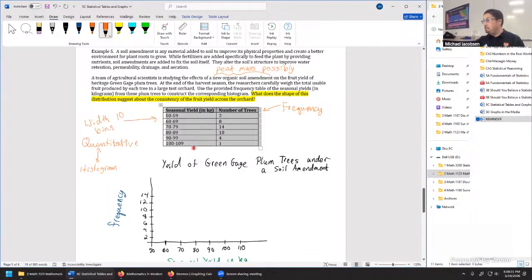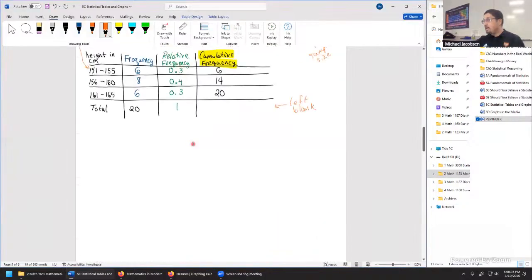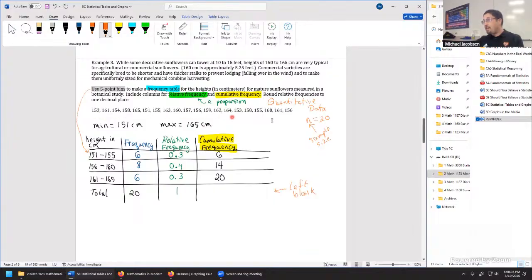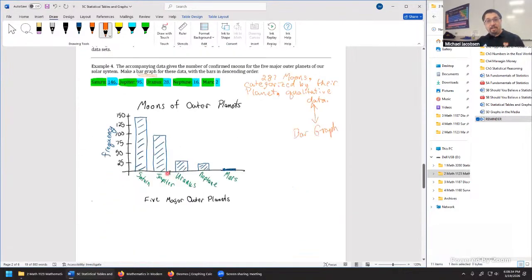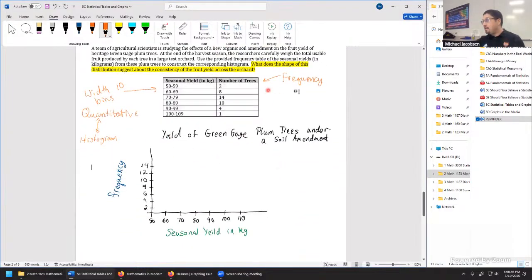So it's a little bit different from the problem that was a couple above. Here we had the actual raw data, and then we put it into a graph like this. And from this graph, we could have created a histogram. But now we're jumping right into that step. All the data has been binned according to these bin widths of 10, going from 50 to 59 kilograms and so on. This tells us the frequency, the number of trees in each one of these newly created categories.